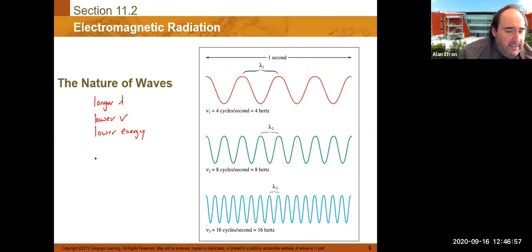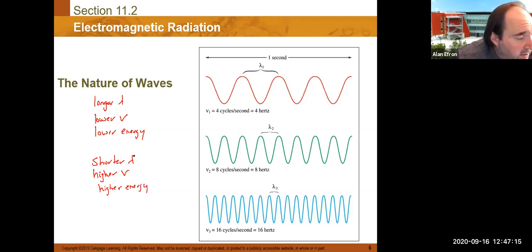And that's opposite if you have a shorter wavelength. Shorter wavelength usually happens very quick and has a higher frequency and has a higher energy. So there is a direct relationship between the wavelength of light and the energy and the frequency.